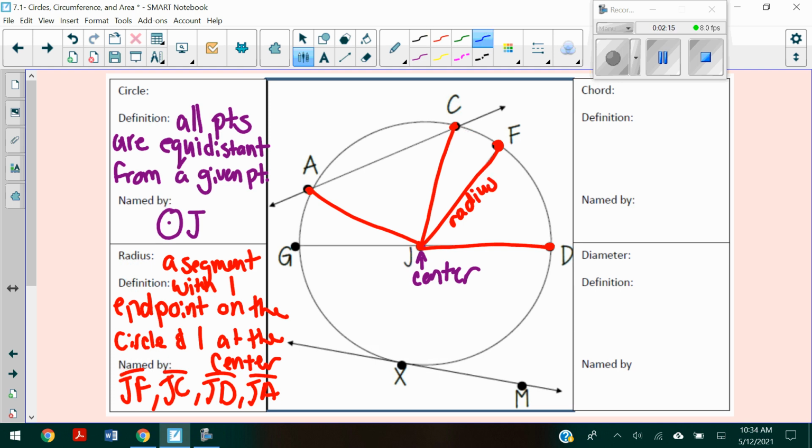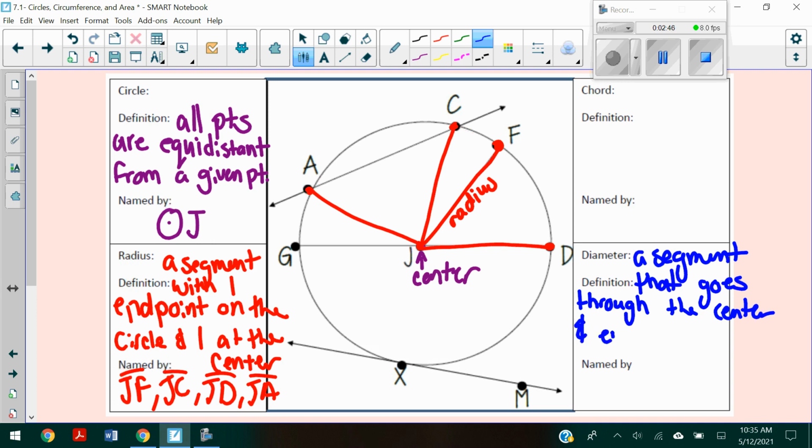And then I'm going to go down on the bottom, the diameter. It's a segment that goes through the center with both endpoints on the circle. So a segment that goes through the center and endpoints on the circle.